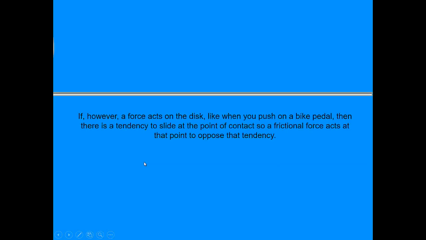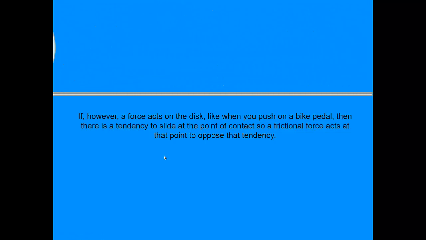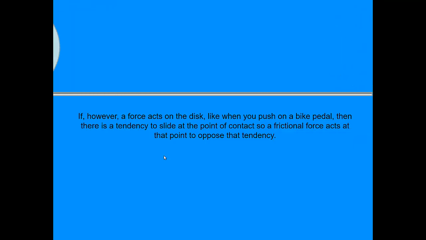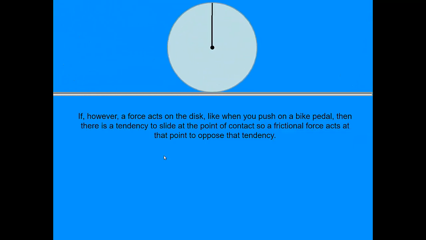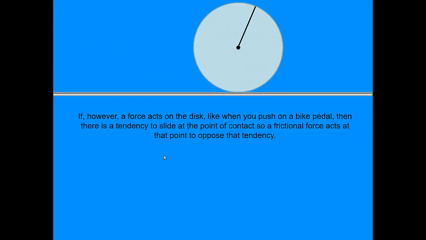However, if you do apply some sort of force on the disc, like say if you're riding a bike and you push on the bike pedal, which puts a force on the bike through the axle and all of that kind of stuff, then there's a tendency for the point of contact to slip backwards on the ground. Think about if you try to ride your bike and you try to get going and you're on gravel.